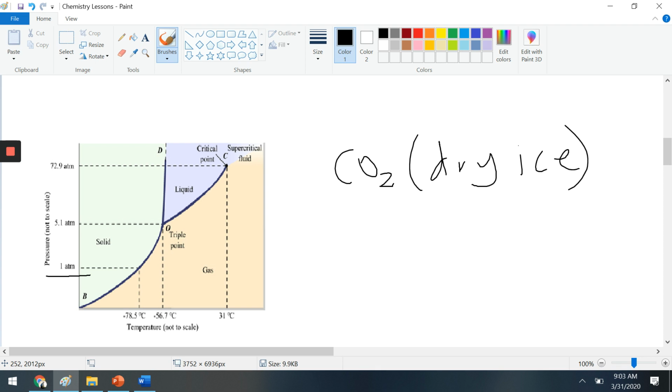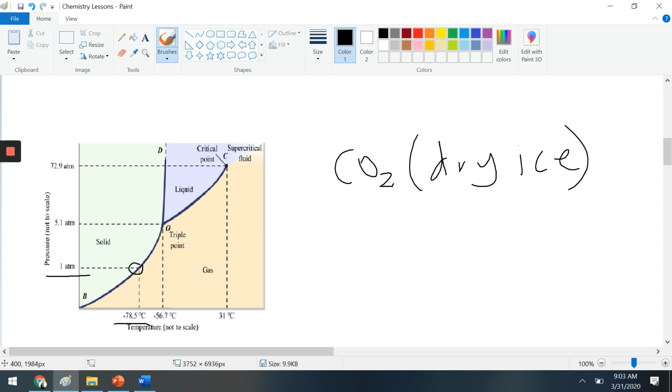At 1 atm, if you're looking at negative 78.5 degrees Celsius, notice it's going to go from solid to gas directly. Which means you're going to call that sublimation.